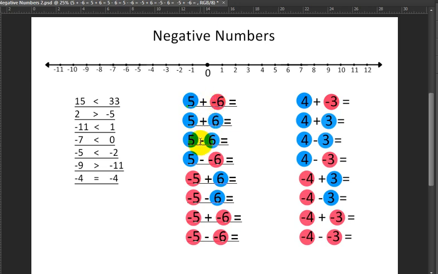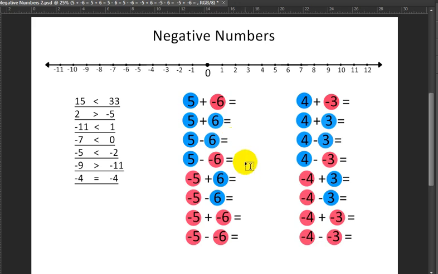This is an addition, this is a subtraction, subtraction, addition, subtraction, addition, subtraction. It's the second sign, if there is one, that shows me whether the second number is positive or negative. If there's a minus, then the number is negative. If there's nothing, then it's implied that there's a plus here, and the number is positive.